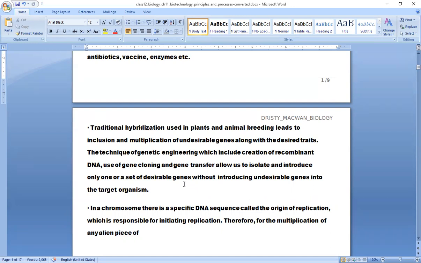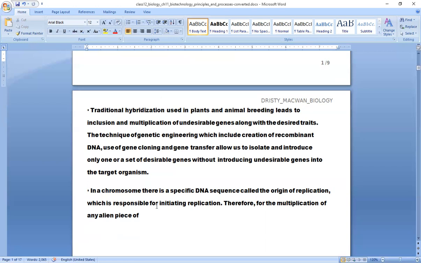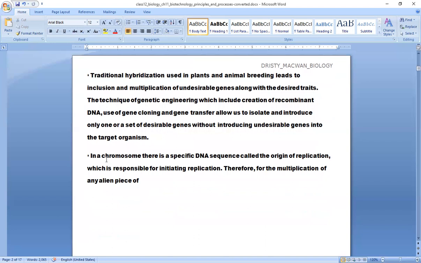So nowadays genetic engineering is being carried out. To understand this, you can see that in a chromosome there is a specific DNA sequence called the origin of replication. Now you simply know about chromosome levels: in a human body, 23 pairs of chromosomes are present, and out of them 22 pairs are autosomes and one pair is the sex chromosome.